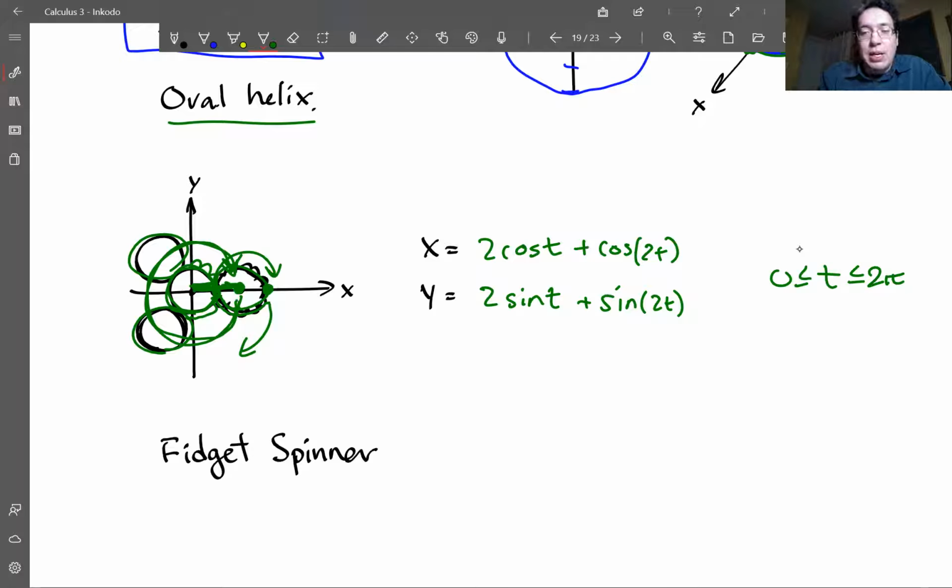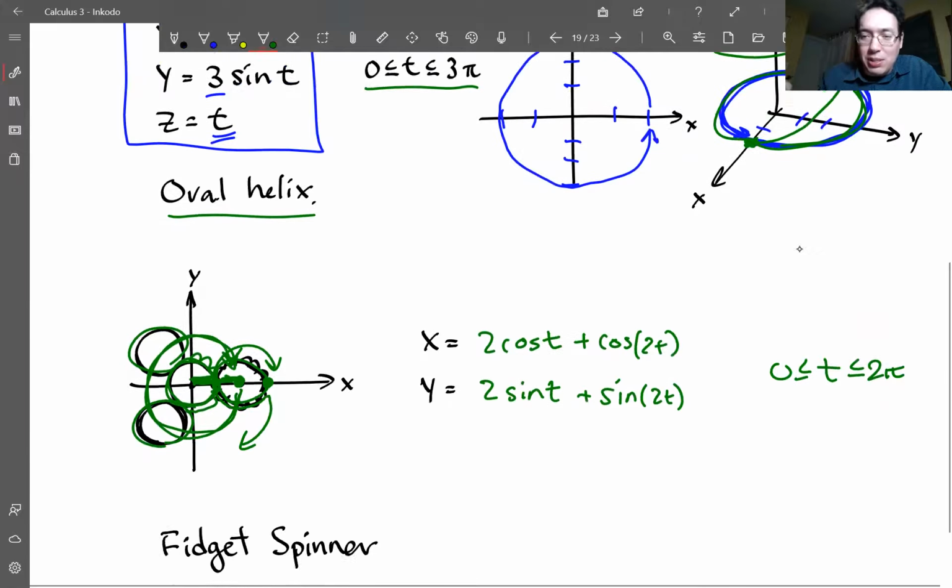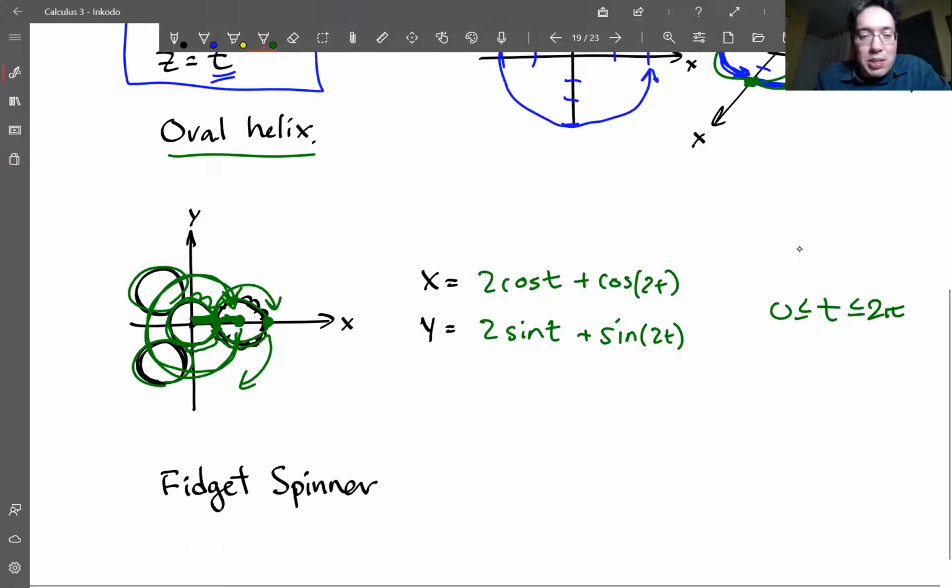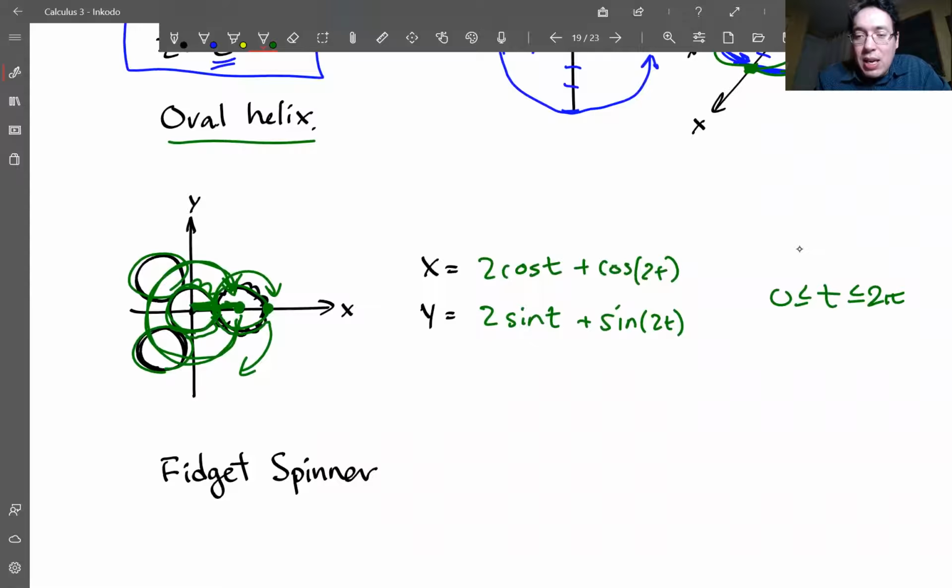Okay, and I wrote it a little bit wrong. This is a picture where it goes counterclockwise because cosine and sine usually go counterclockwise from the positive x-axis. So I should really replace the t with negative t. So it goes in clockwise direction instead.